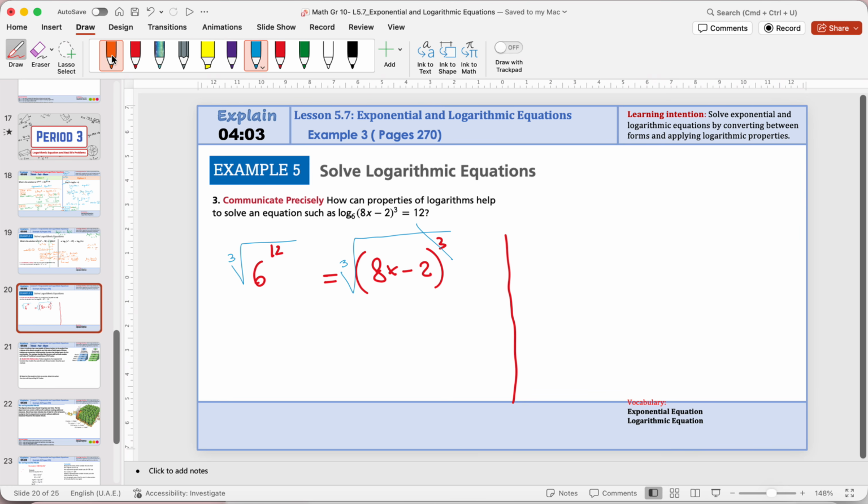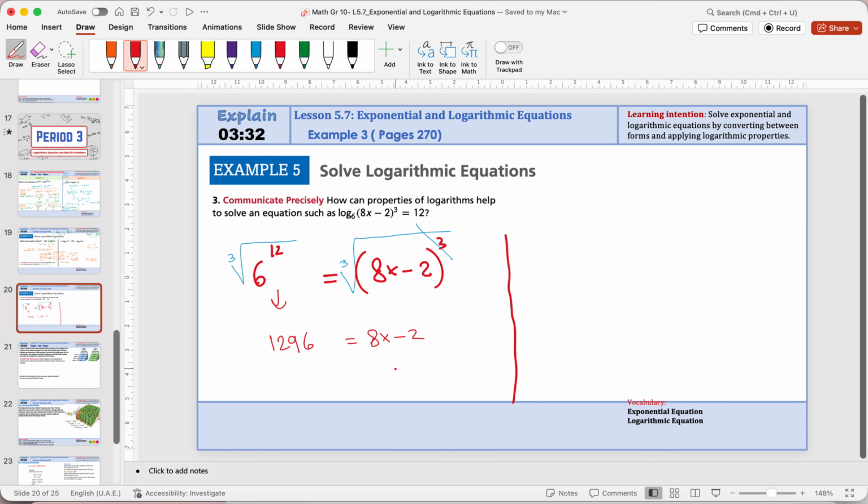So you're gonna end up with 8x minus 2 equals, put this in your calculator, it's gonna be 6 to the power of 4. 6 to the power of 12, all of it under the root. Take away the root 3 of 6 power of 12. Yeah, it's 1296.